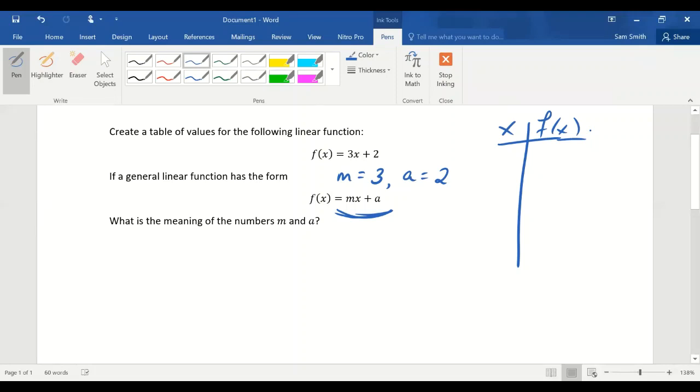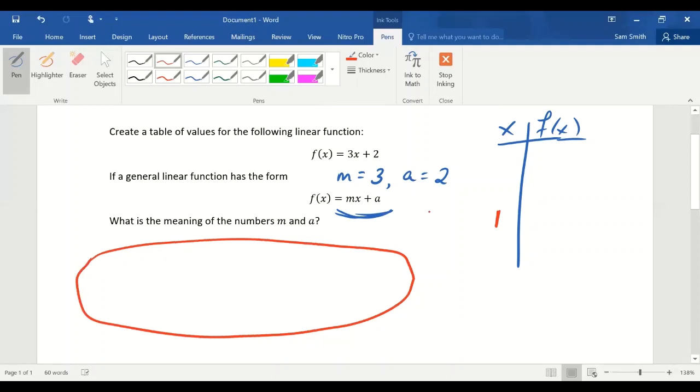Now if I plug in something like x equals, let's say, 1 to this equation, what is the corresponding value of f of x, the output? Well, let me do some work on the side. This is where I'll put all my scratch work. 3 times 1 plus 2 is 3 plus 2 is 5.